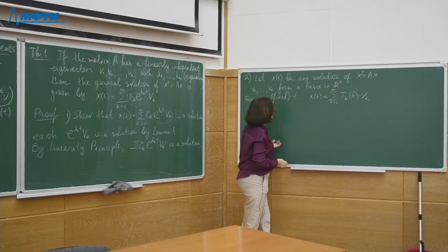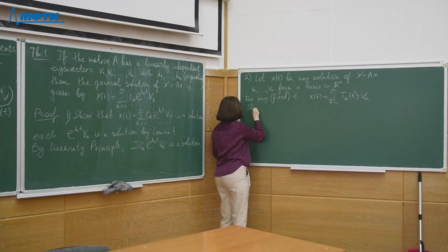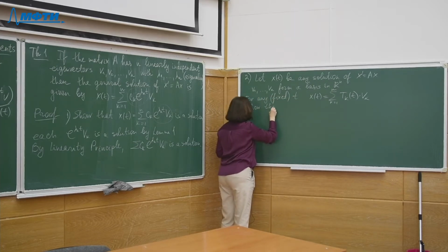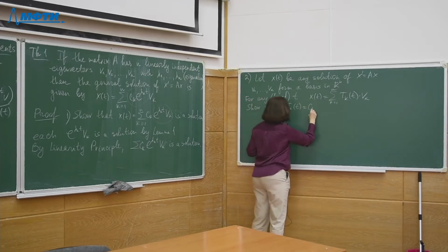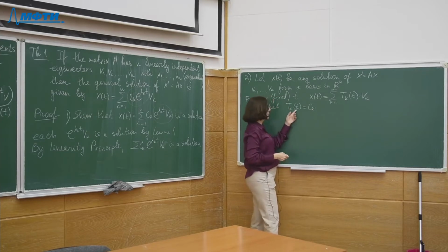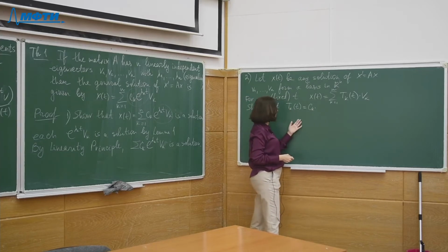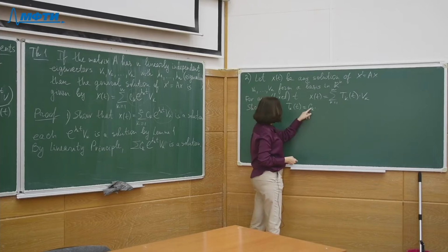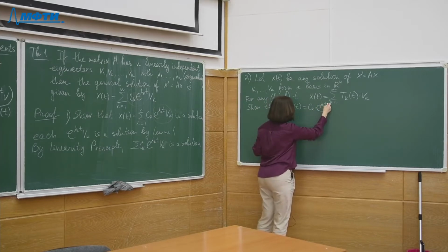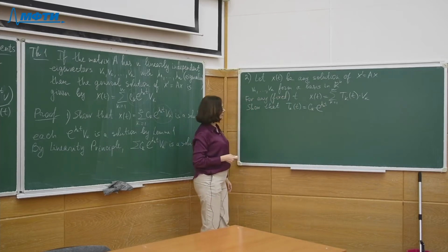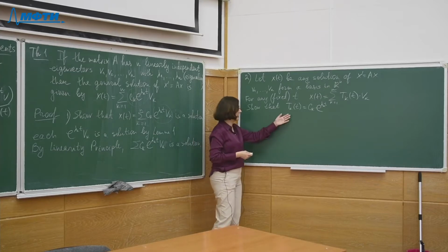I want to show that t_k of t is equal to c_k times e to the power lambda_k t. So they are not some arbitrary coefficients, but they have some predicted form.